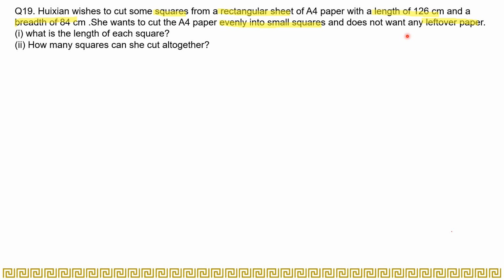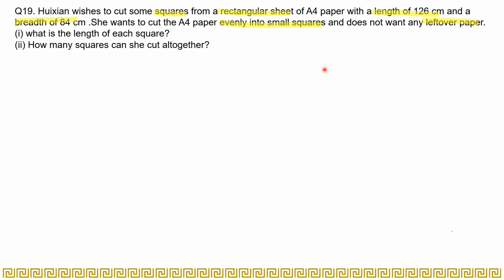See, he has talked about dividing or cutting the A4 paper evenly into small squares, and he does not want any leftover paper. This is giving you a hint that there must be the HCF.